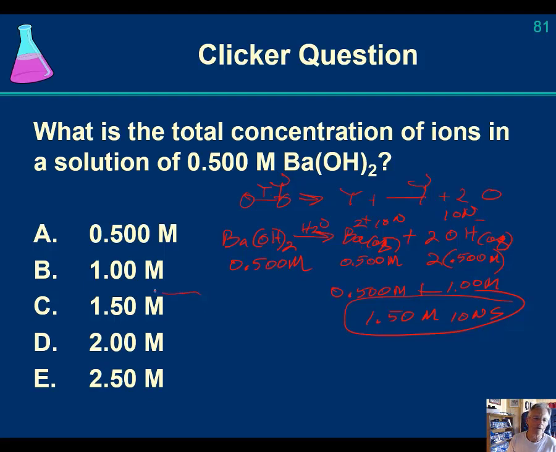So our concentration of ions, what we call our total ionic concentration, is equal to 1.50 molar. In this particular case, we don't care whether we're talking about hydroxide ion or barium ion. We're talking about the entire ionic concentration. And so it's 1.50 molar.